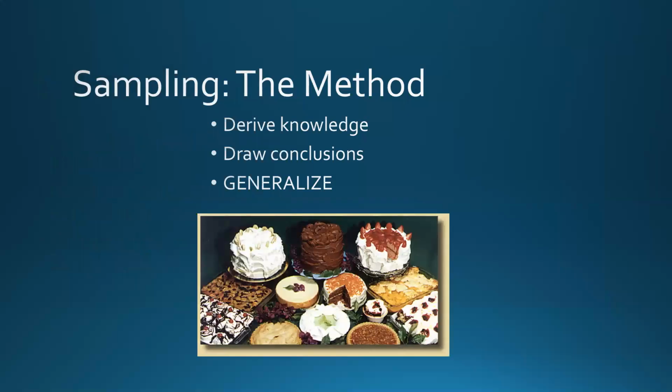So as we said before, sampling is found in the methods section, and it helps us to draw conclusions and to generalize. So when we look at that sampling, we know that we could not generalize it to any population that had characteristics that are different from the sample.